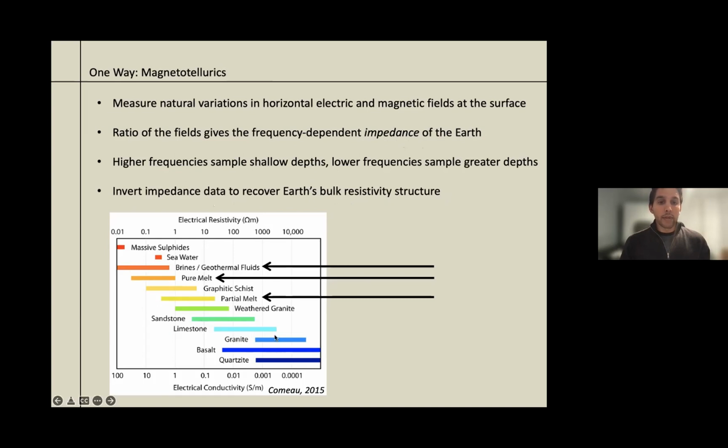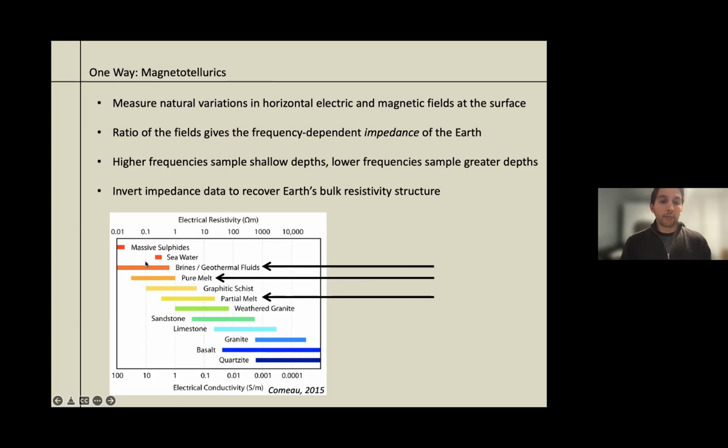It varies over several orders of magnitude for different Earth materials. And just the arrows here show materials that would be interesting in volcanic settings, such as brines, geothermal fluids, pure melts or partial melts. And these are much more conductive than dry granites or dry basalts. And so these are the features that we're interested in detecting.